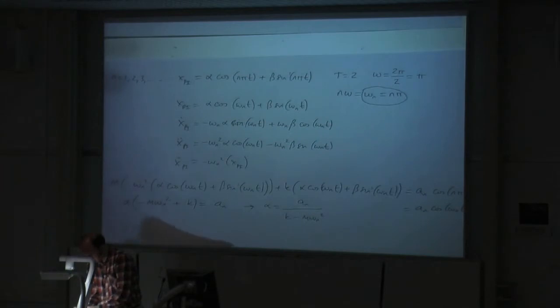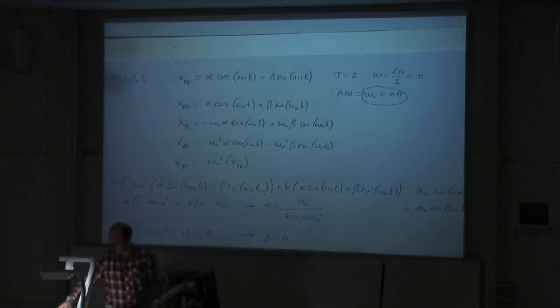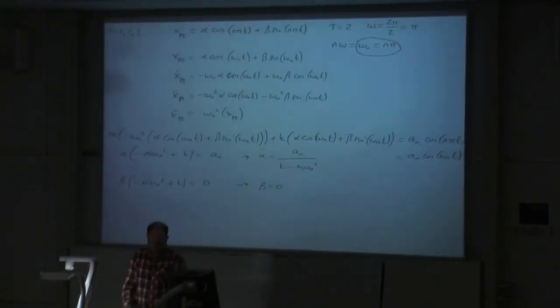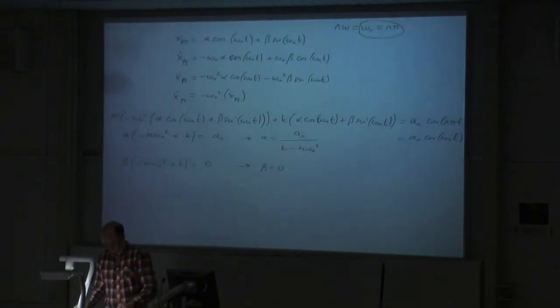For the beta terms we have a minus m omega n squared plus k equals 0. The only way that's possible is if beta is 0. We're almost there.